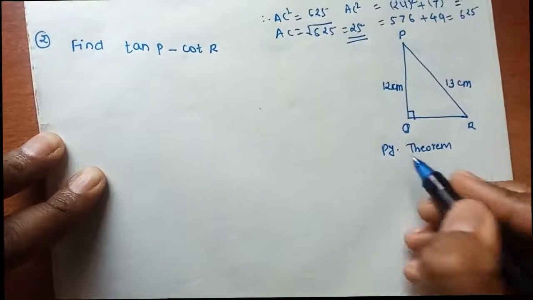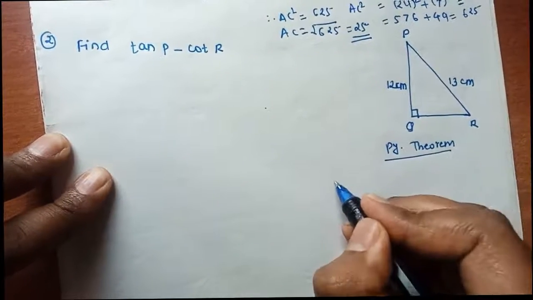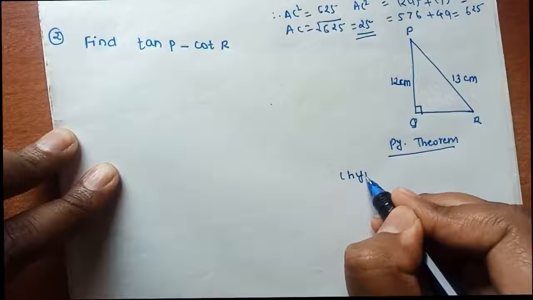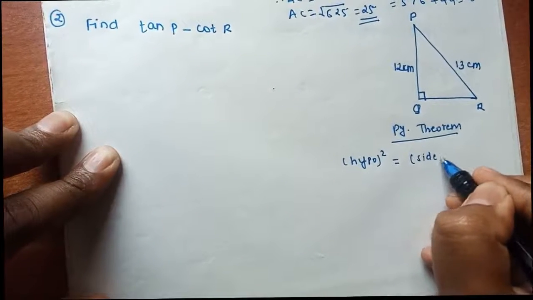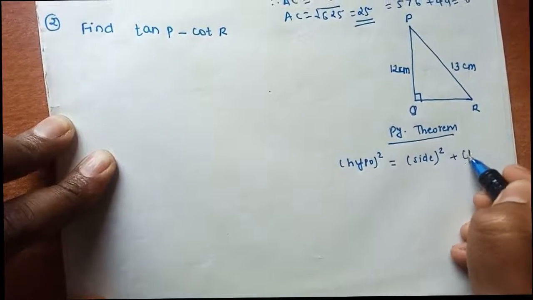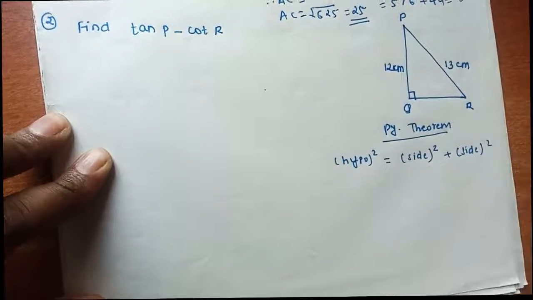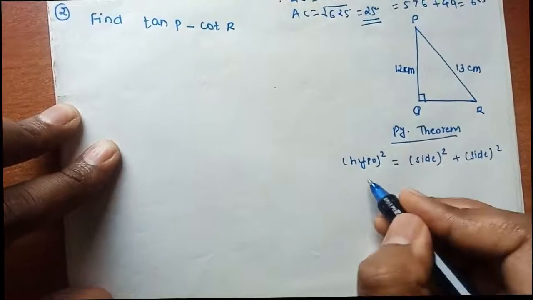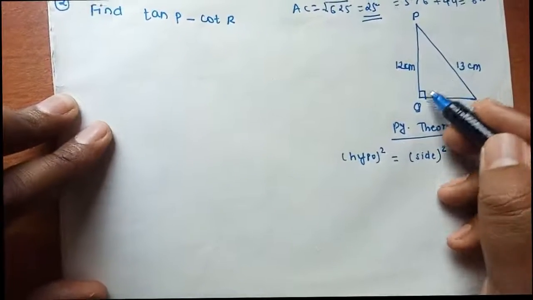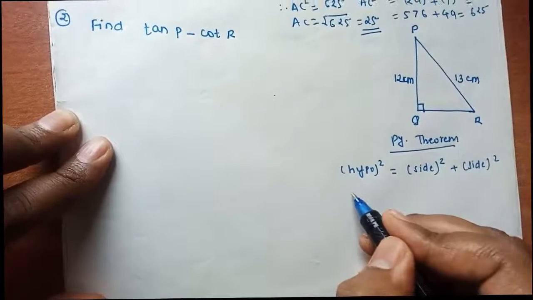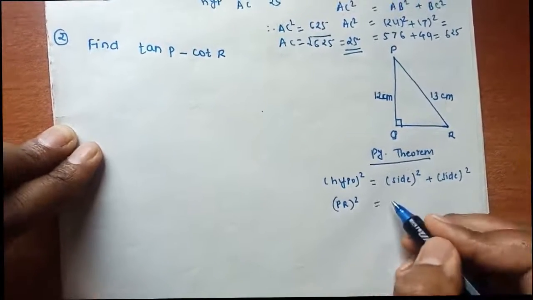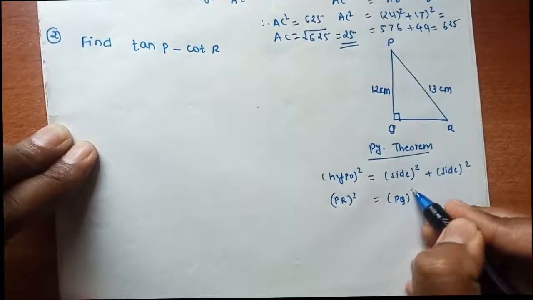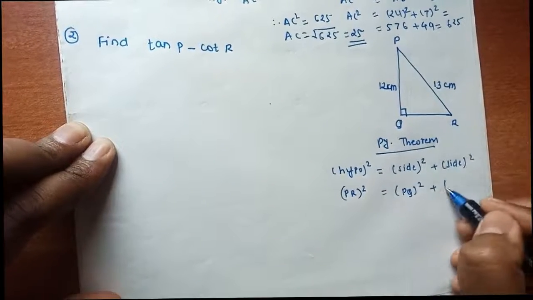by Pythagoras theorem we can write hypotenuse square is equal to side square plus side square. So again this hypotenuse is nothing but the PR, the side opposite to your right angle. So I can write PR square is equal to the PQ square plus QR square.